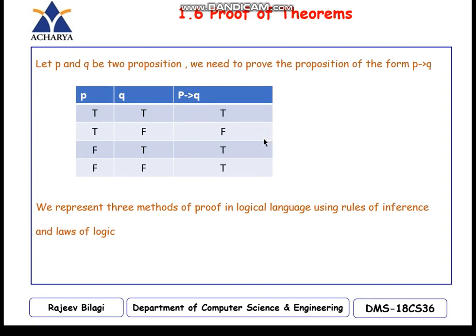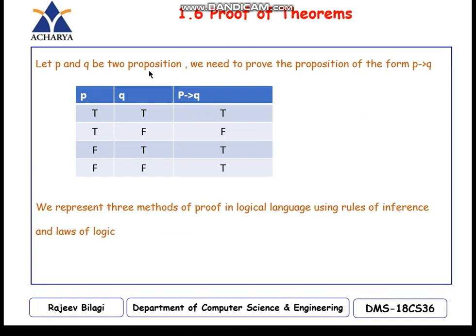Okay, there is a last concept which talks about proof of theorems. Any statement or compound statement which is given can be proved in 3 different ways. So we will see what those three types are.